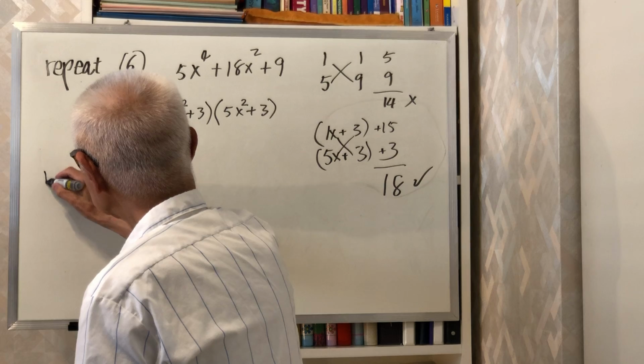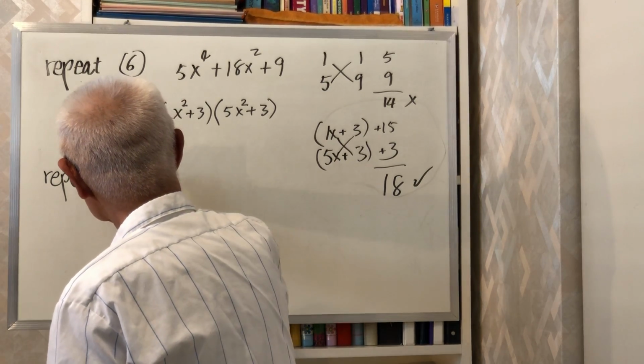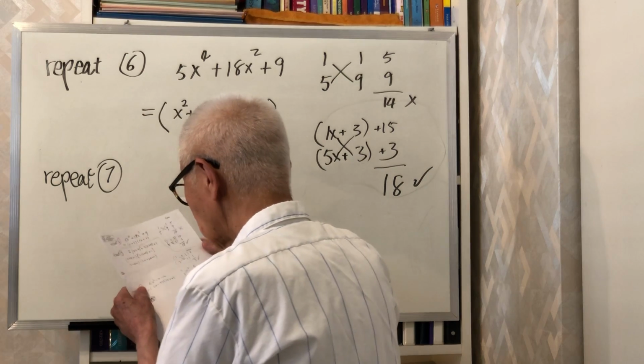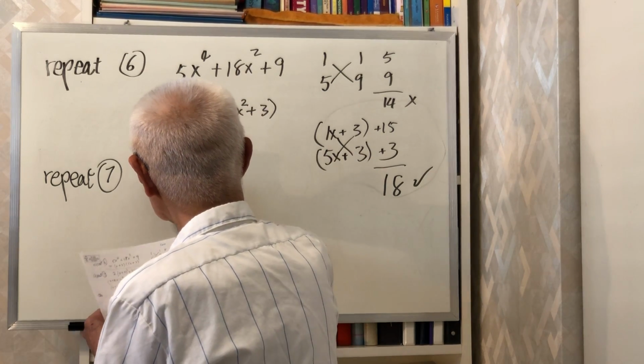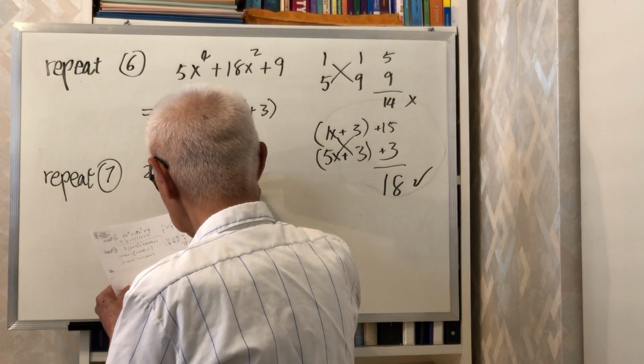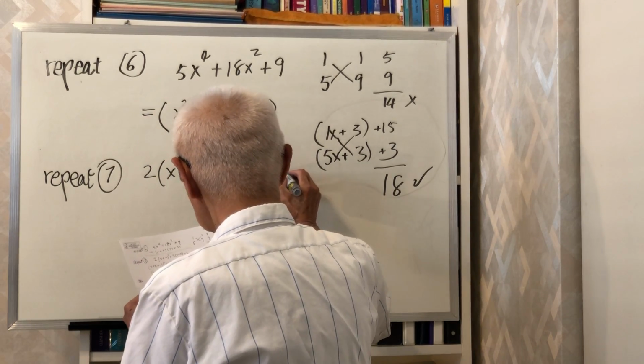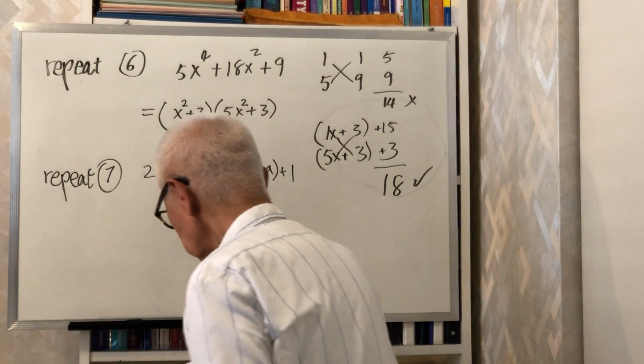So let's repeat example 7. 2x plus a squared plus 3x plus a plus 1.